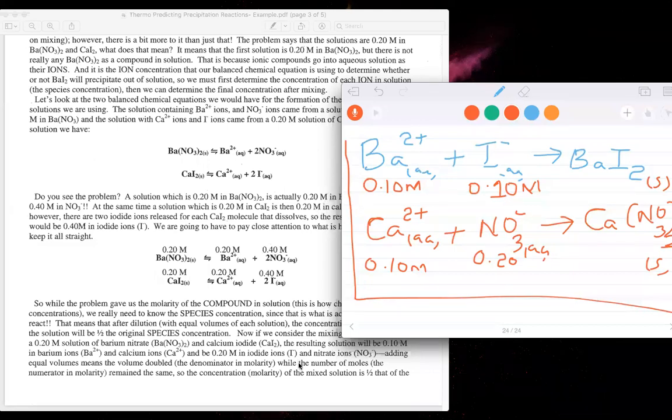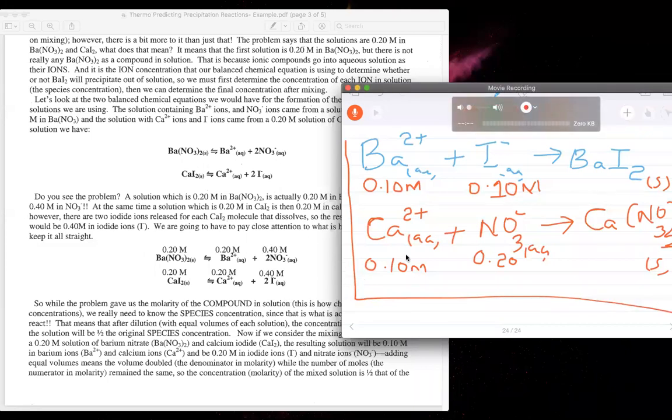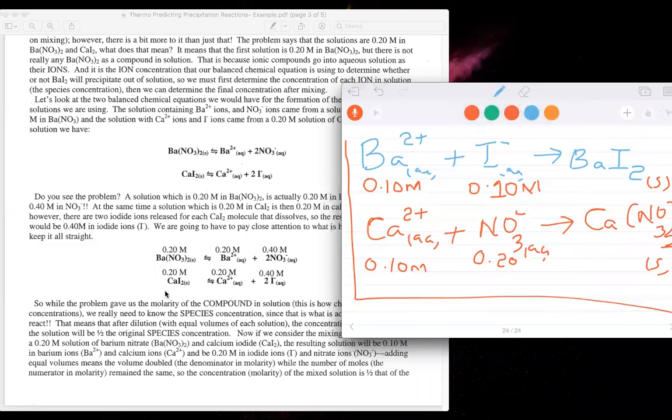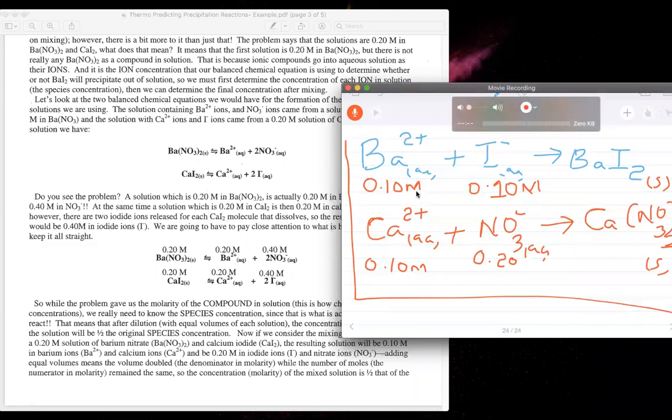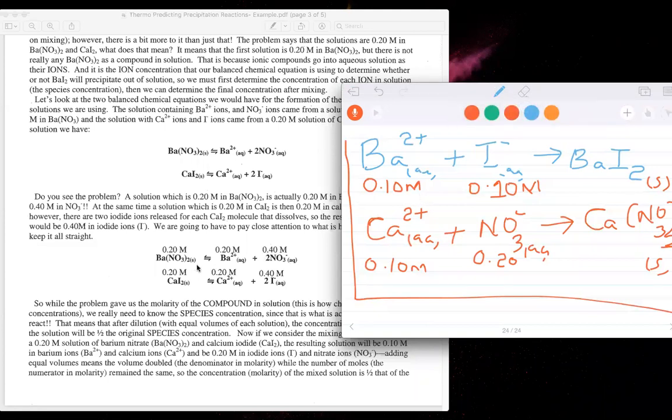All right. This is what I need you to understand, how to arrive at this concentration, that it's going to be 1/2 of what you started with. And remember to multiply by 2 when you write the solubility factor. You assume it is a solid, and this is what you have.